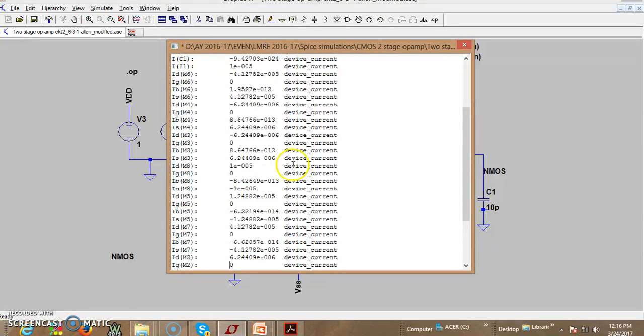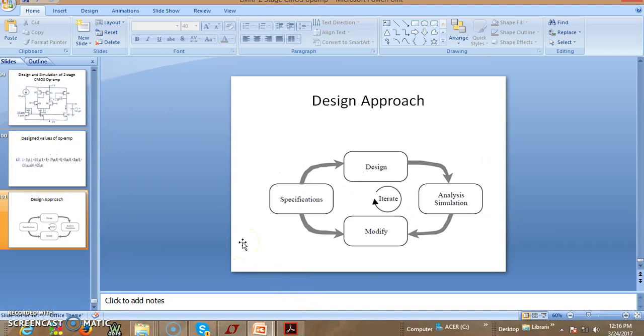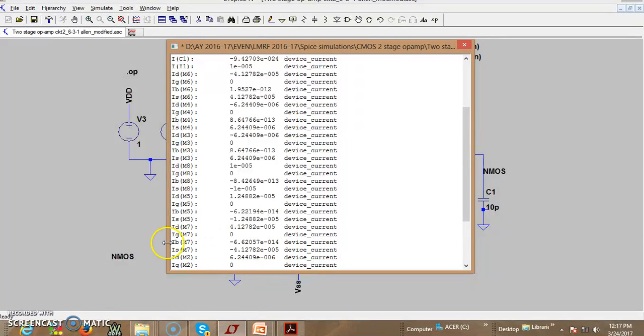We need to slightly modify the design now. So you've done the design, now you're simulating, and now we need to slightly modify things. What all to modify? As you can see from this analysis, since the drain current of M5 is actually 12 microampere instead of 21 microampere, I need to increase the value of VGS.